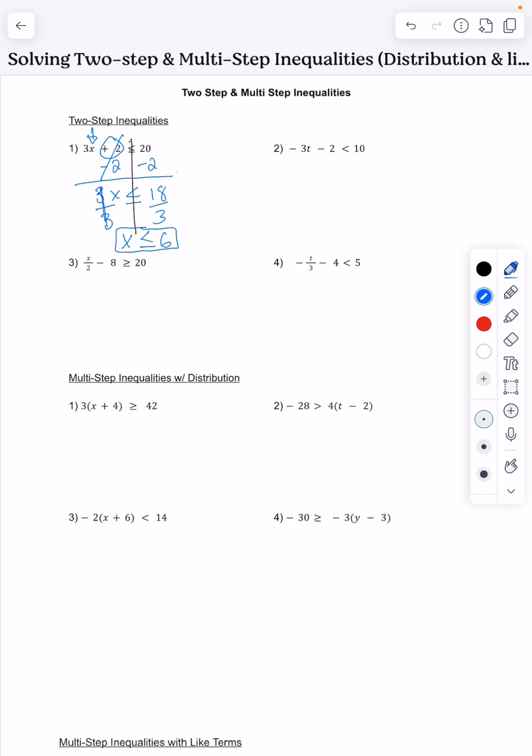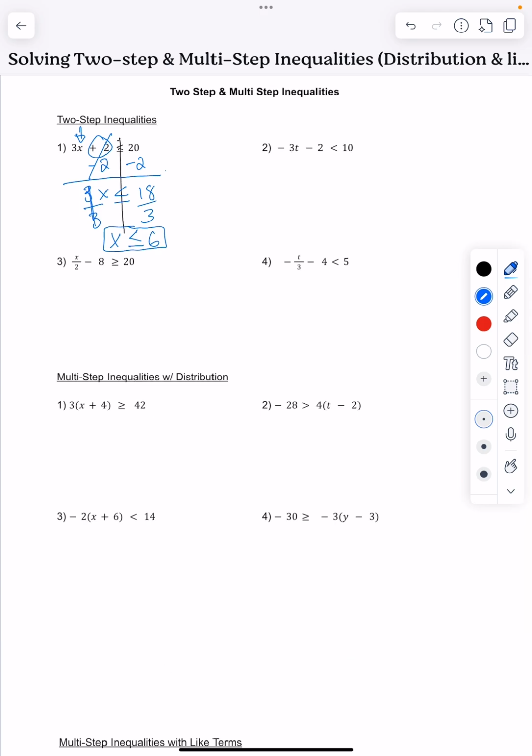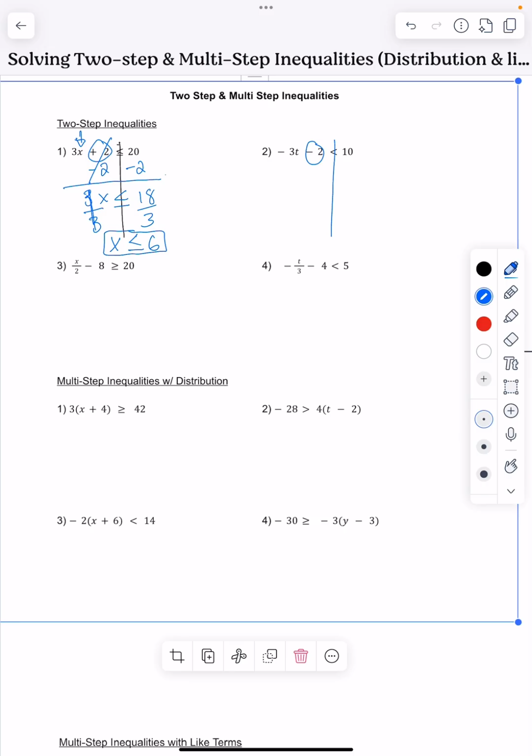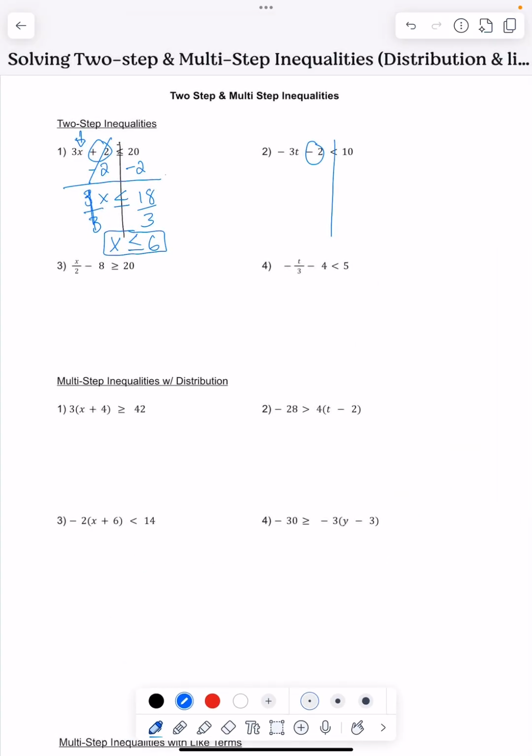This next one is very similar, but slightly different. Again, we have a plus 2, right? So we take the inverse. Sorry, let me move this over here. That'll be plus 2 to both sides.